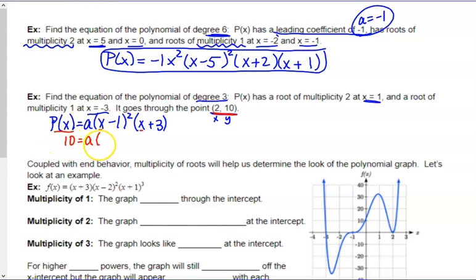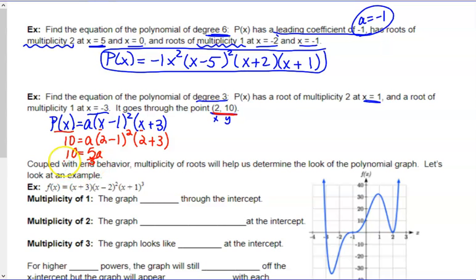I'm finding a. When x is 2, don't forget to square it, and I'm going to plug in 2 in 2 places. So I just need to figure this piece out. Let's simplify that. Well, 2 minus 1 is 1. 1 squared is 1. And this gives me 5. So 5 times 1 times a, 5 times 1 is 5. 5 times a is 5a, equals that 10.